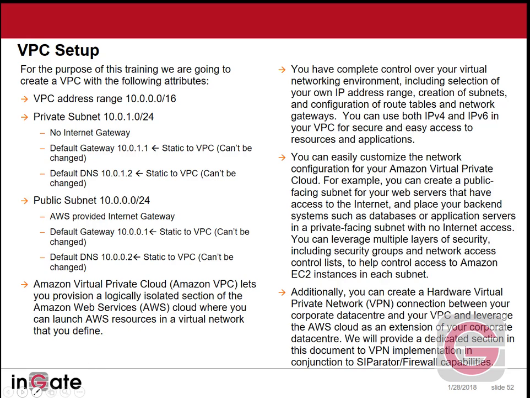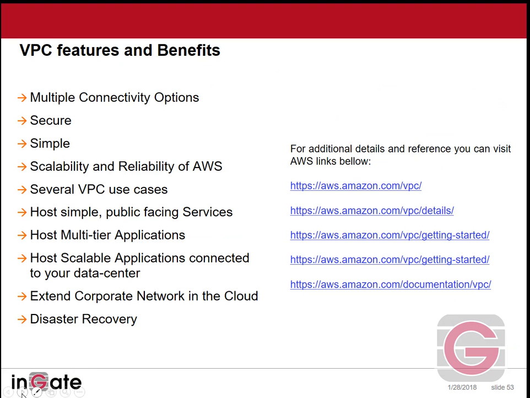Okay, so the main features and benefits of having VPCs is, well, you have multiple connectivity options in terms of connecting your data center, your infrastructure, your office, etc., with your virtual network inside AWS.